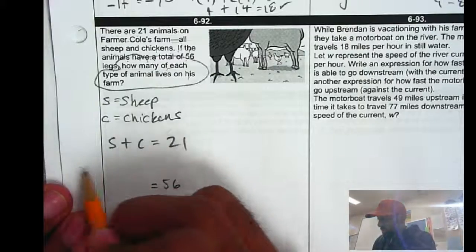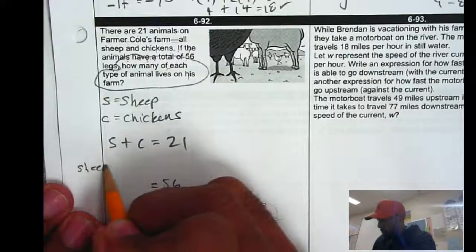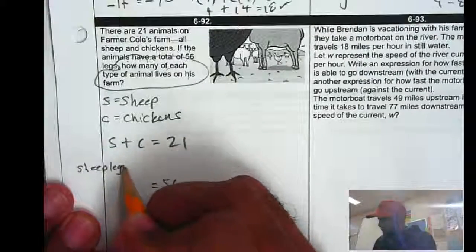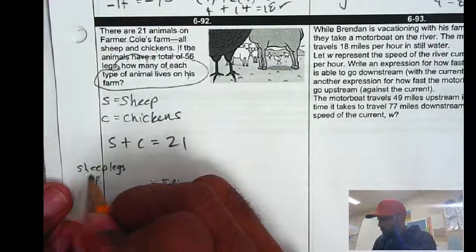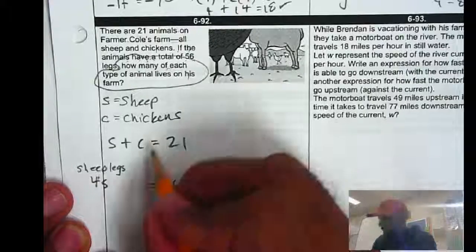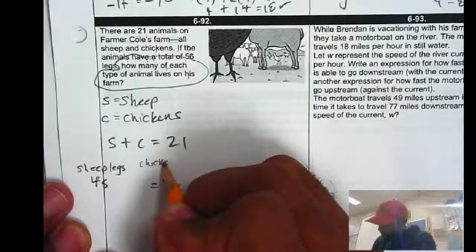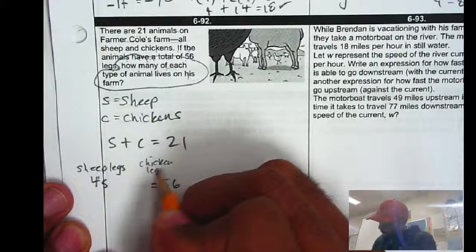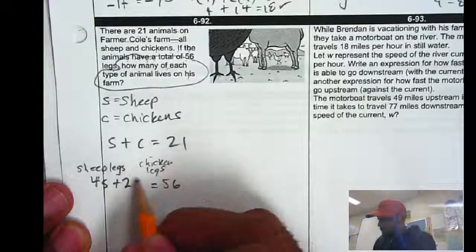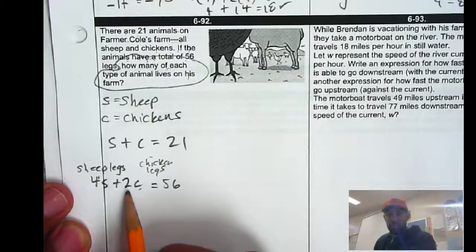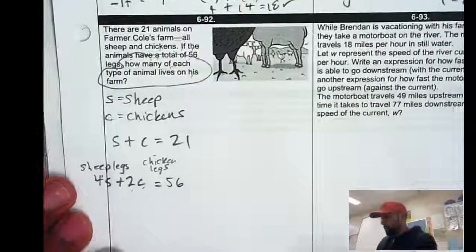First, the sheep legs. Sheep have 4 legs, so we multiply 4 times the amount of sheep. Now chicken legs. Chickens have 2 legs, so we add 2 times the amount of chickens, because for every chicken there are 2 legs. There are our 2 equations we're going to solve.